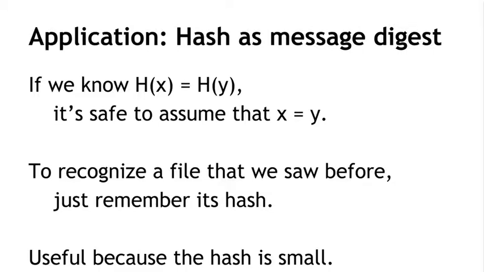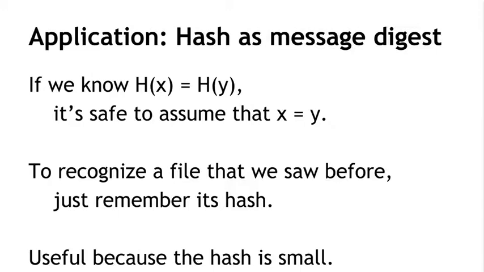And what I mean by that is the following, that if we know that x and y have the same hash, then it's safe to assume that x and y are the same. Because if someone knew an x and y that were different that had the same hash, of course that would be a collision. Since there's not a collision that we know of, then knowing the hashes are the same, we can assume that the values are the same.